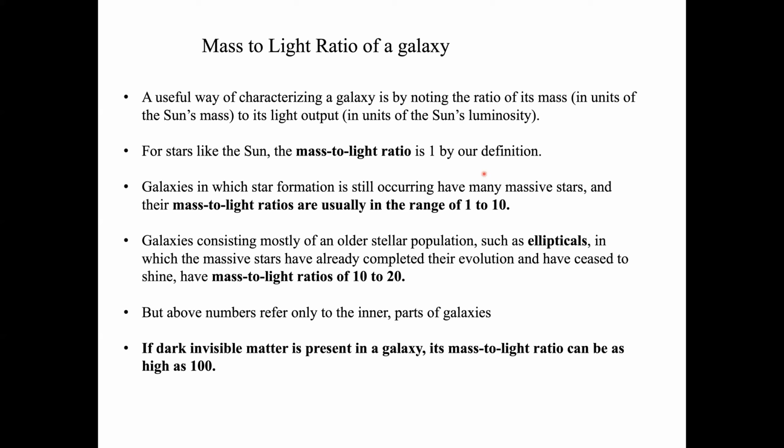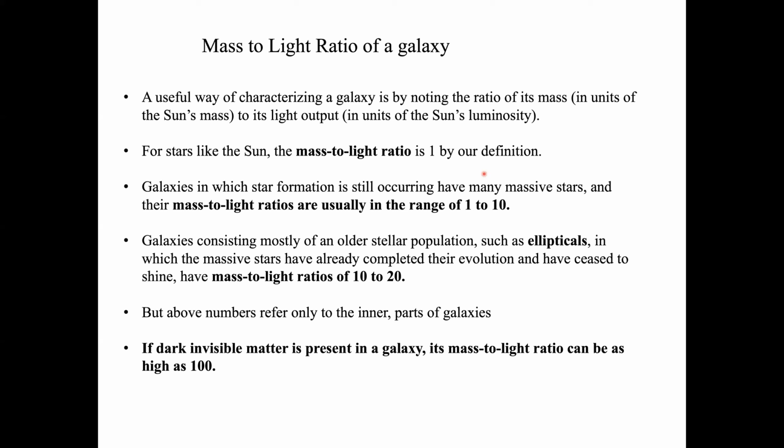Now, when you have an older stellar population, which means you do not have many new stars forming, typical examples are elliptical galaxies, because elliptical galaxies do not have many new stars compared to spiral galaxies. Their mass to light ratio is around 10 to 20.